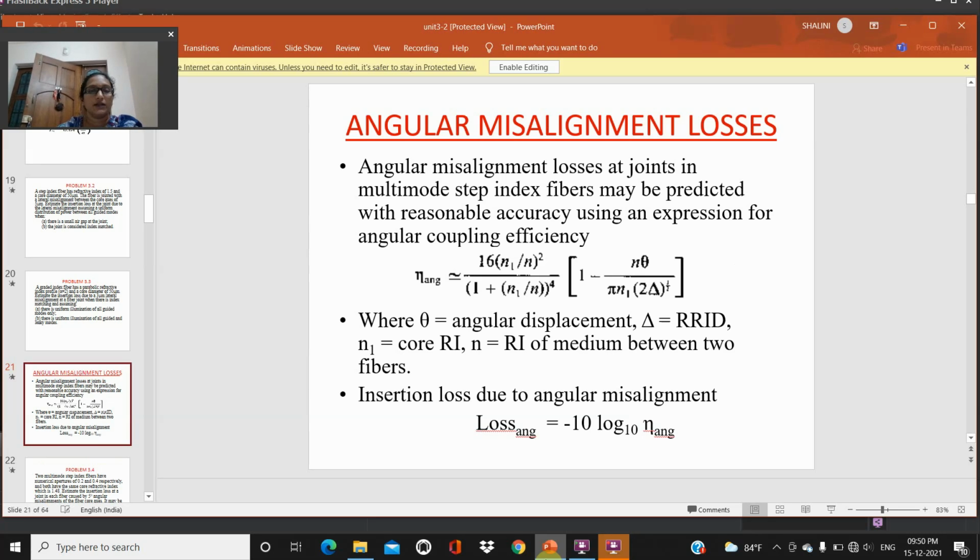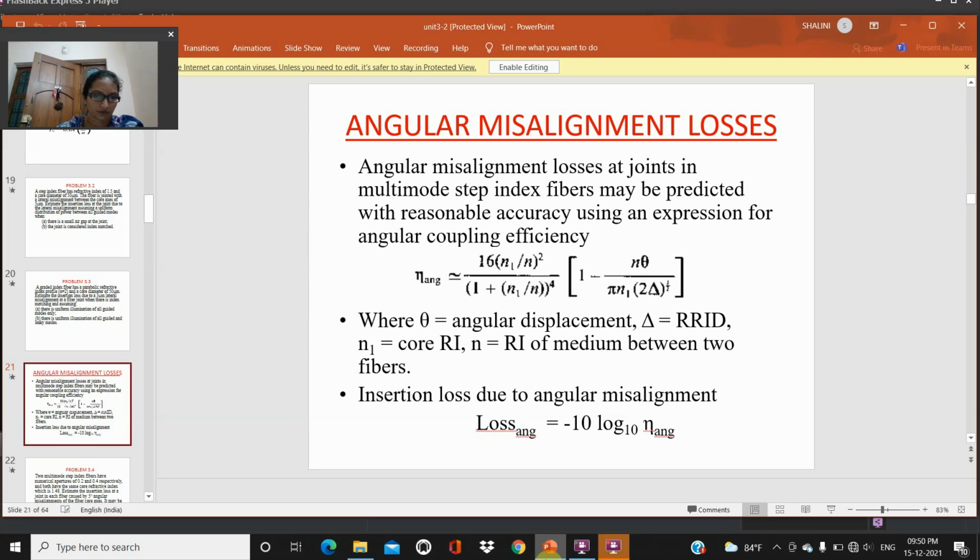Angular misalignment losses. Angular misalignment losses occurring mainly at joints in multi-mode step index fibers may be predicted with reasonable accuracy using an expression for the angular coupling coefficient.